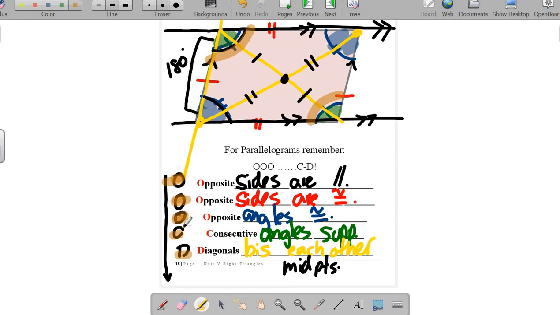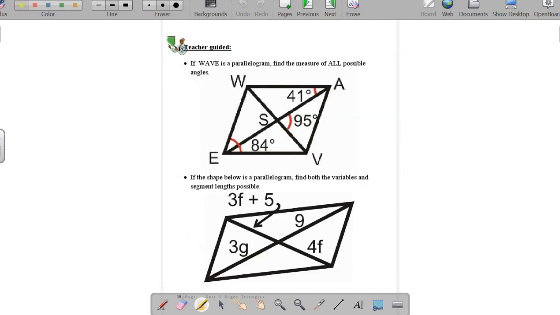Opposite, opposite, opposite, consecutive, diagonal. Opposite sides are parallel. Opposite sides are congruent. Opposite angles are congruent. Consecutive angles are supplementary. Diagonals bisect each other. Keep in mind these 5 qualities as we do the next 3 problems.